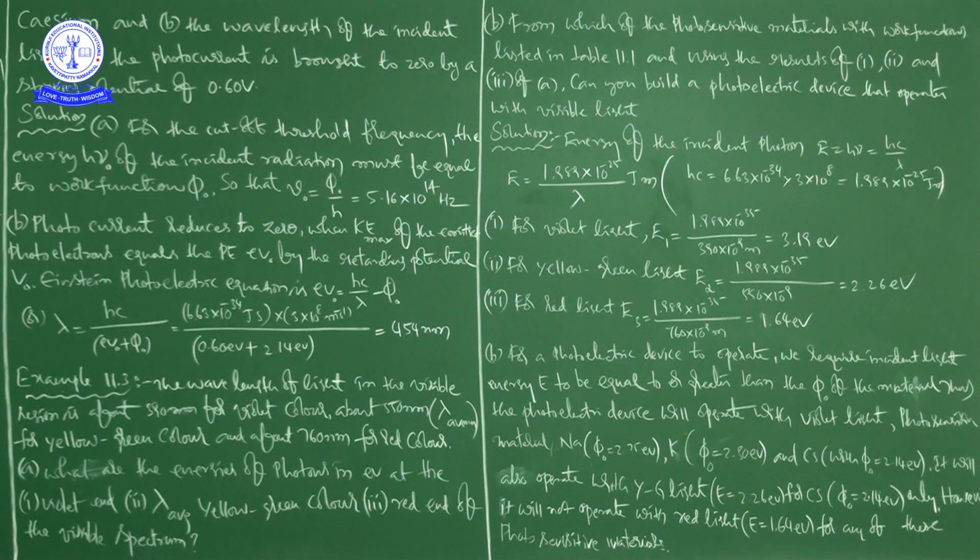Similarly, you can calculate for yellow green light, and you can also calculate for red light. Just naming, this is E1, this is E2, and this is E3.